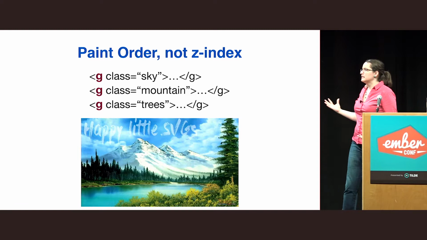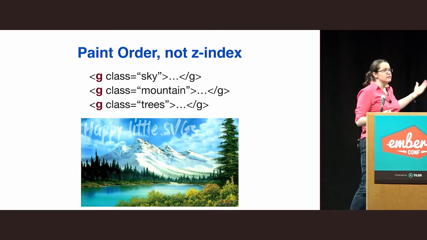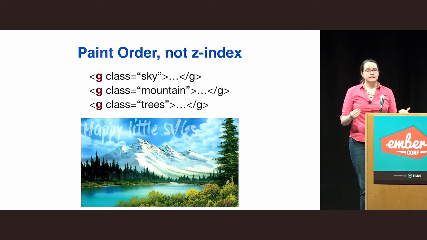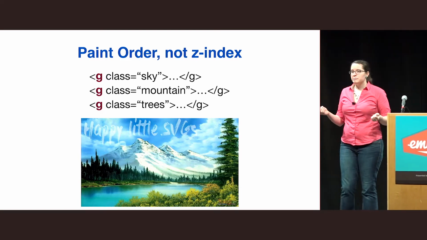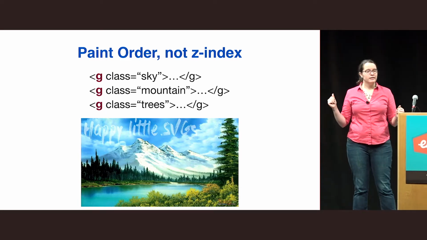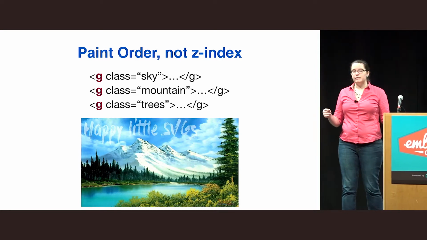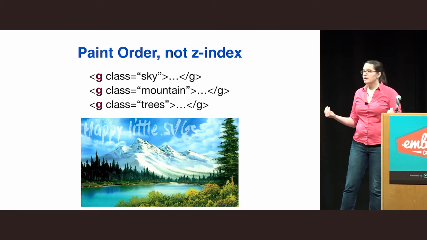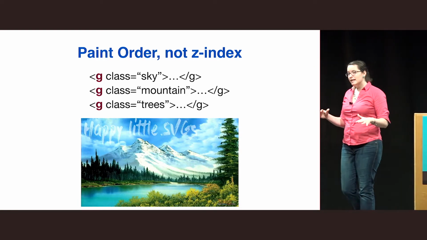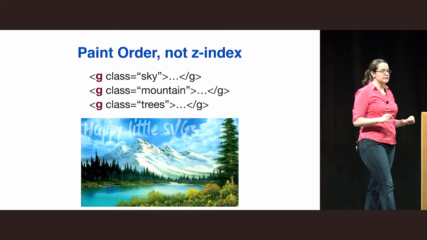So if this painting was an SVG, the groups of trees and shrubs in the foreground would be lowest in the DOM and therefore the top layer visible. You might also notice here that I'm using this tag G. G stands for groups. Groups are a convenient wrapper for organizing objects and shapes within your SVGs and applying classes without changing anything about the layout of your images.